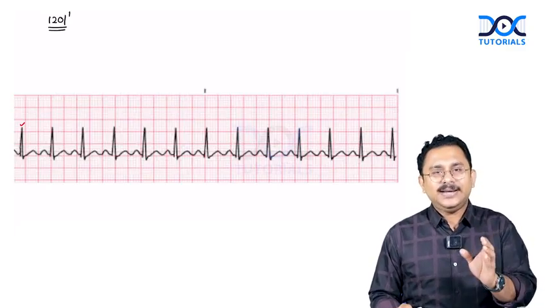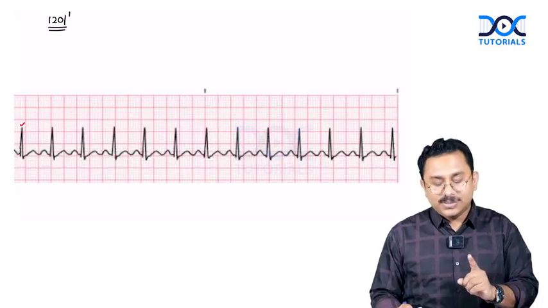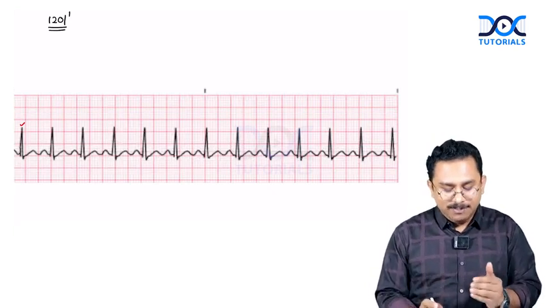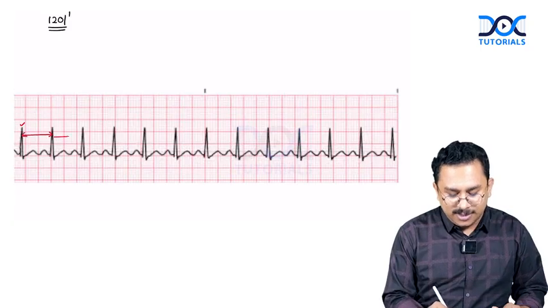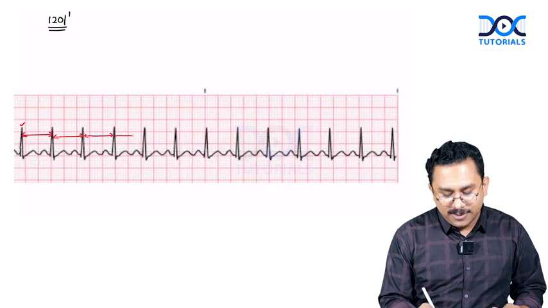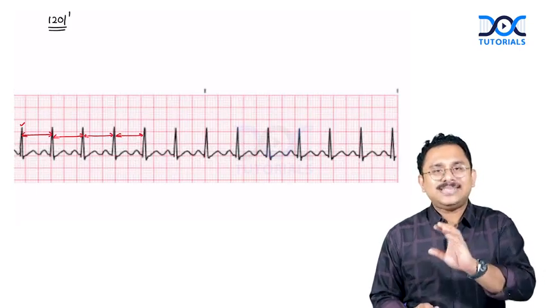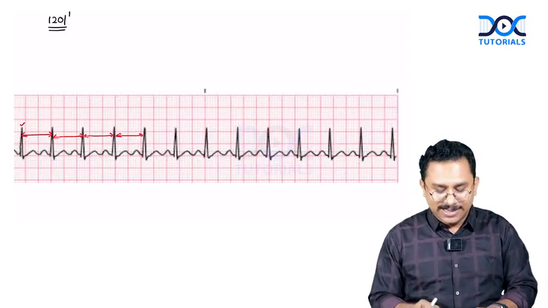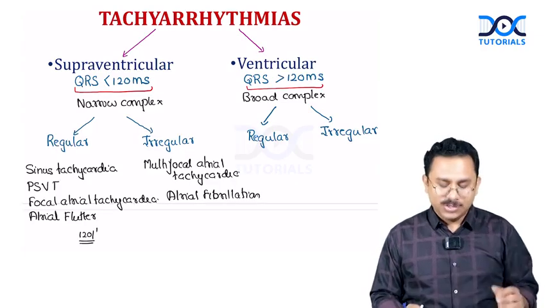Once you have decided it is a supraventricular or narrow complex tachyarrhythmia, now you have to see, is it regular or irregular? You can see that the RR interval is regular. So you are dealing with a regular narrow complex tachyarrhythmia. Now, what should you do to come to a conclusion?